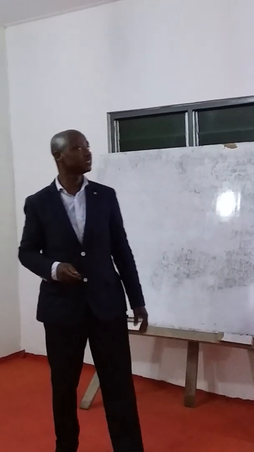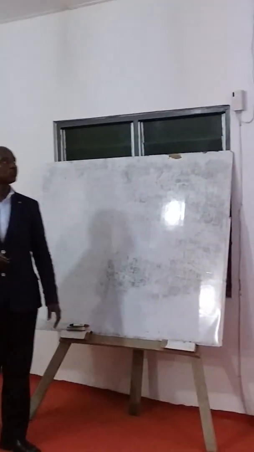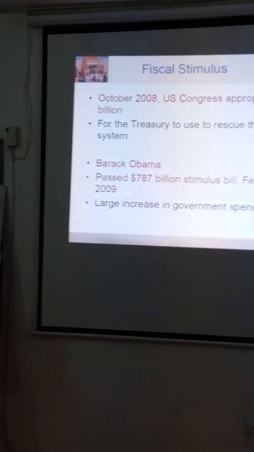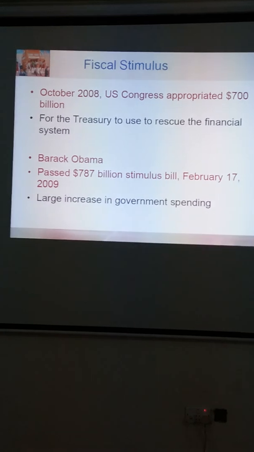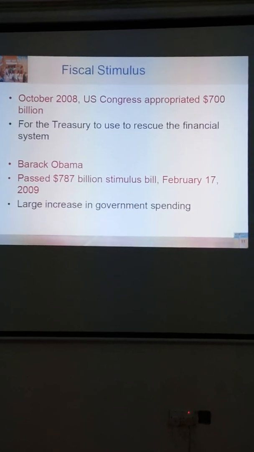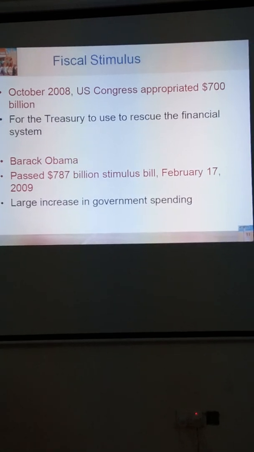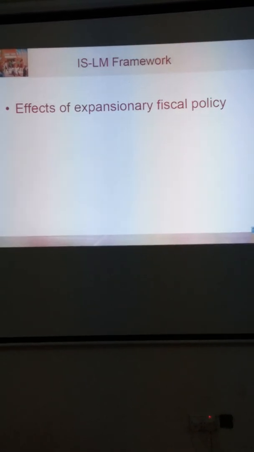For instance, in October 2008, the US Congress appropriated $700 billion for the Treasury to use to save the financial sector. Barack Obama passed a $787 billion stimulus bill in 2009. There was a huge increase in government spending.